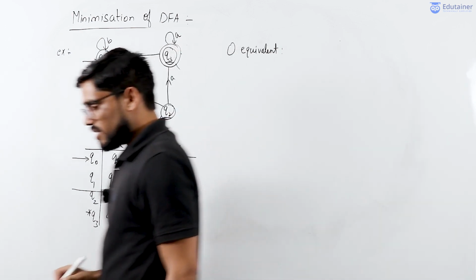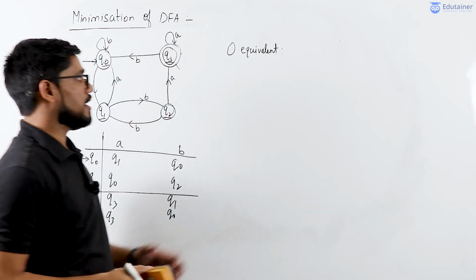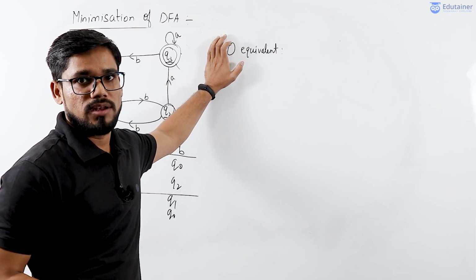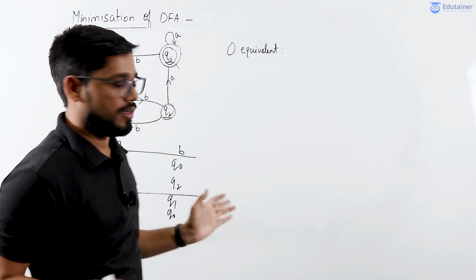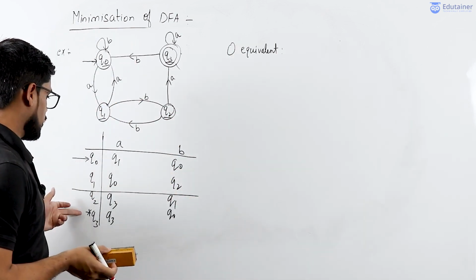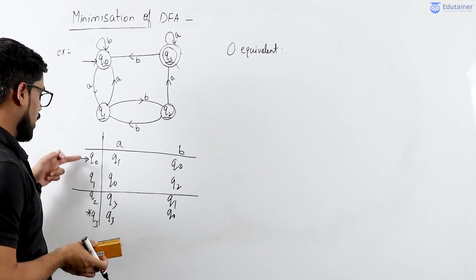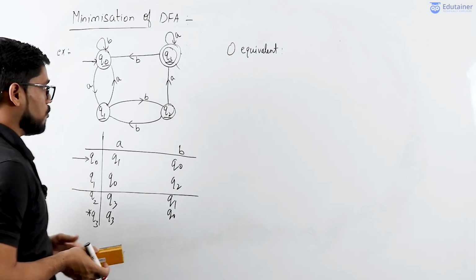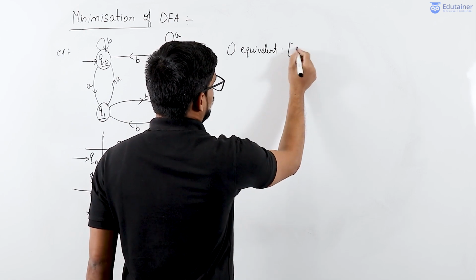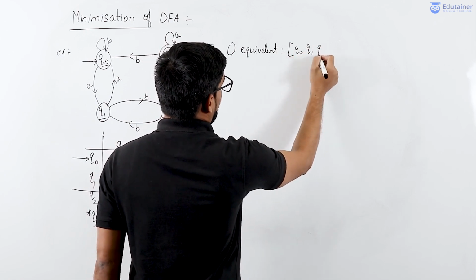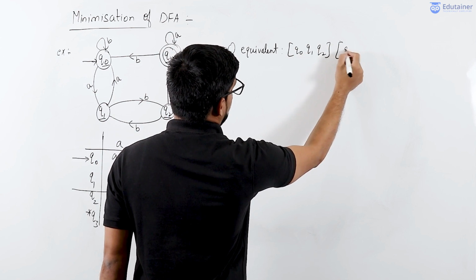Zero equivalent set contains the final state and non-final states in two different boxes. So what is the final state here? Final state is Q3 and non-final states are Q0, Q1 and Q2.